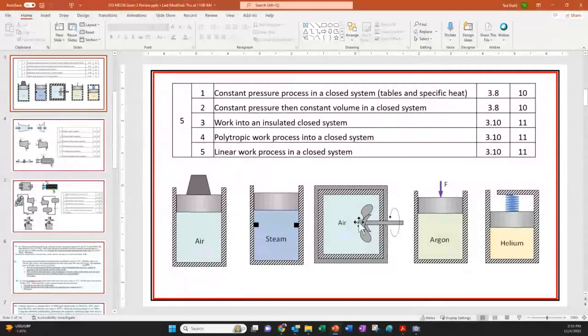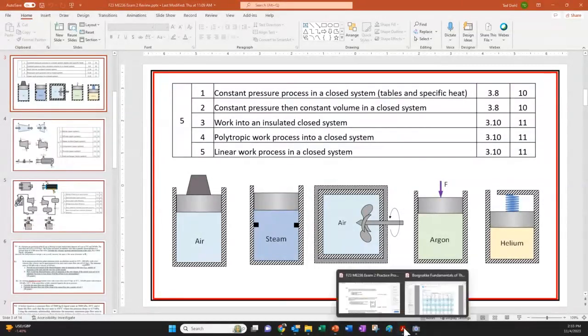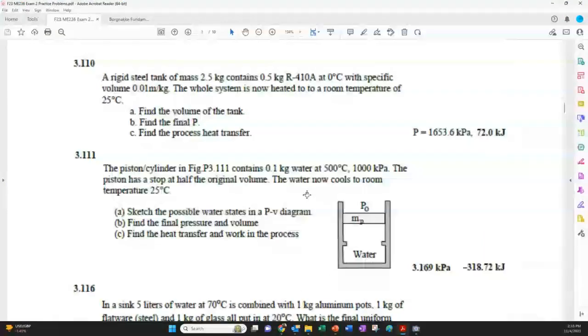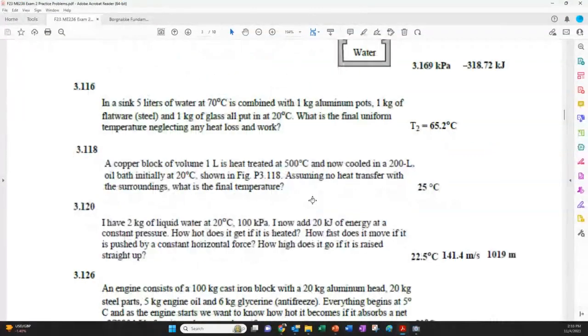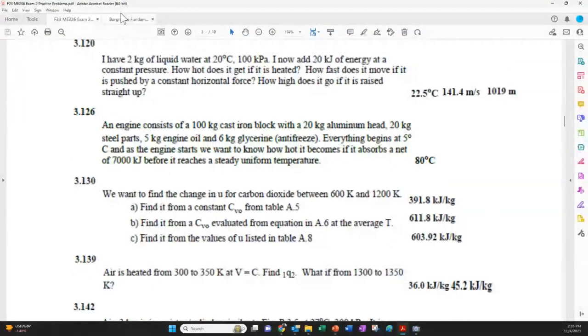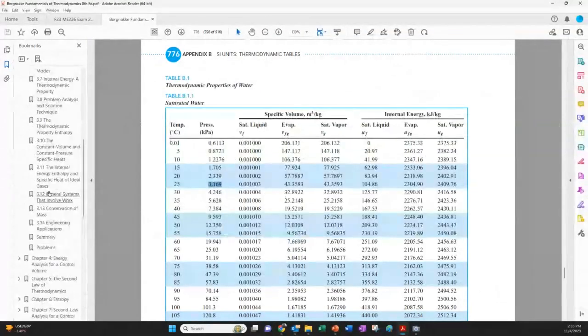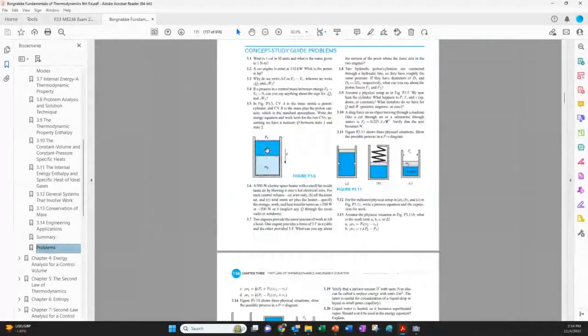Although I was thinking about doing one of these. Let's go for a polytropic process. We haven't done a polytropic process in a while. So I'll try to find one out of our list of polytropic processes. Try to find the word polytropic somewhere in here. I'll go into chapter 3 and look into problems of chapter 3.